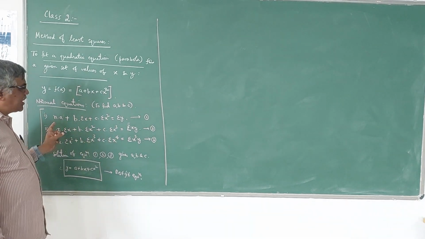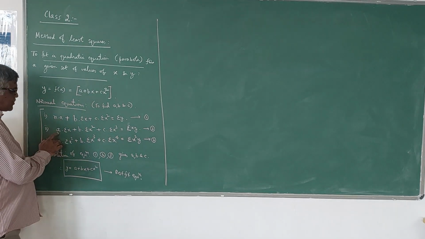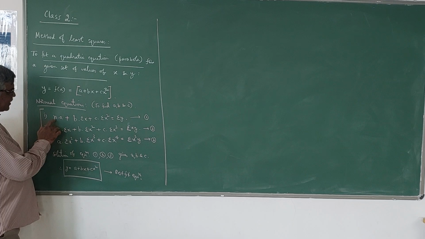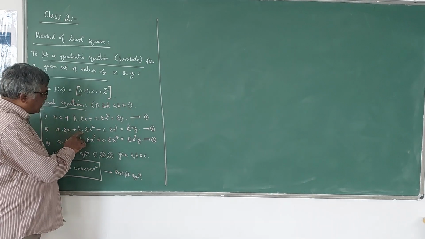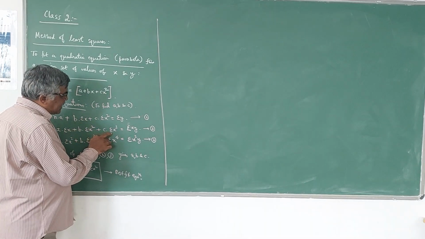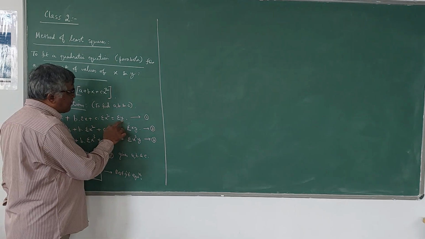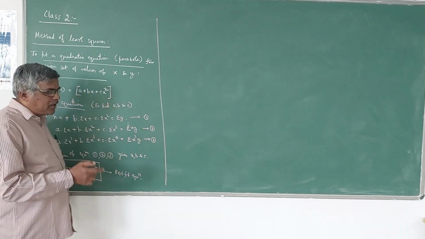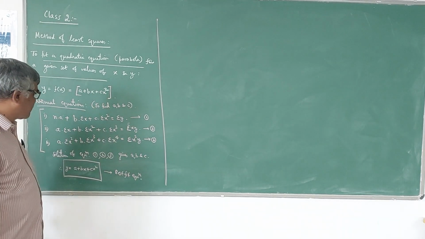Here a is constant, and n is replaced by sigma x. Here b into sigma x is replaced by sigma x square, c into sigma x square is replaced by sigma x cube, and sigma y is replaced by sigma xy. That means these terms are multiplied by x within the summation sign.